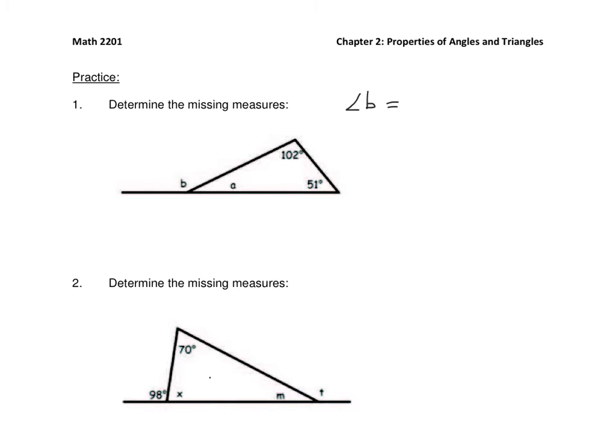So angle B is equal to 102 degrees plus 51 degrees, because it's an exterior angle, and the other two are opposite interior angles. So that would mean that angle B should add up to 153 degrees.